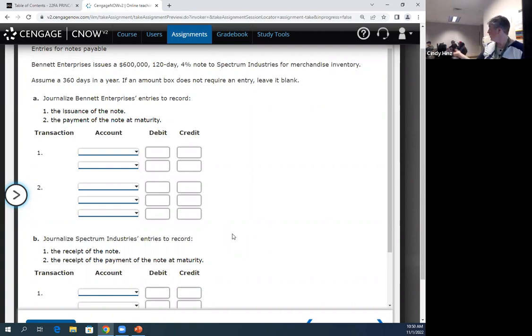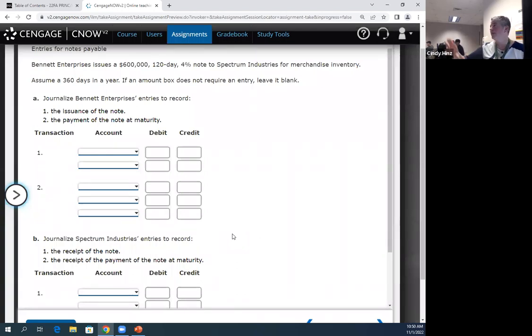But if we're going to wait 4 months to get our money, we need to be compensated for that. We need to get a little bit of interest to compensate us for the opportunity cost and the risk that we're assuming by letting you take a full 120 days rather than our typical 30 days.